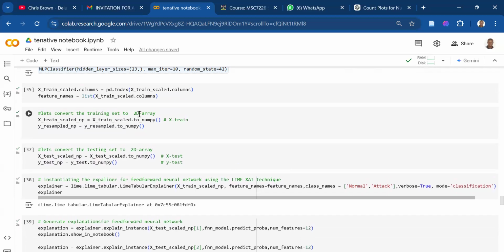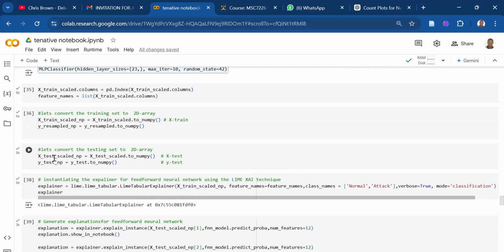I had to convert the data set, the training data, into a 2D array, because the LIME explainer accepts only data which has been scaled to a two-dimensional array, because that's one of the parameters it takes.